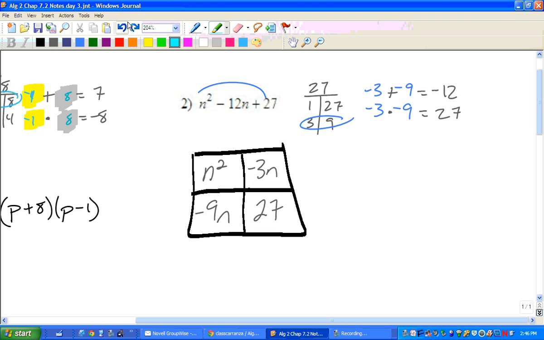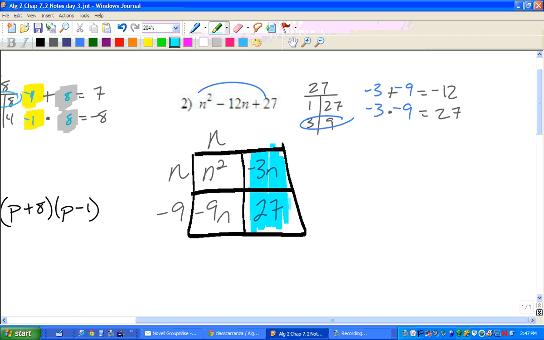Okay, so now, GCF of the top. N. GCF of the bottom. Well, it's a 9, but it's going to be a negative 9 because your leading coefficient's negative. Okay? GCF of the left is n.